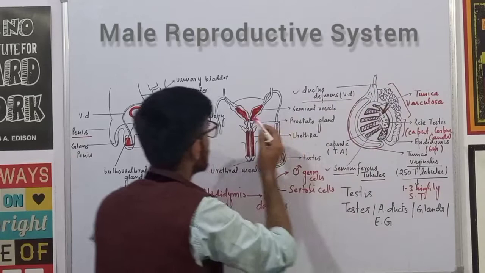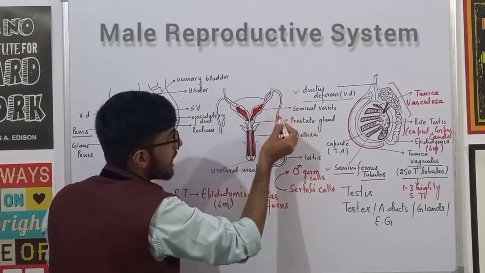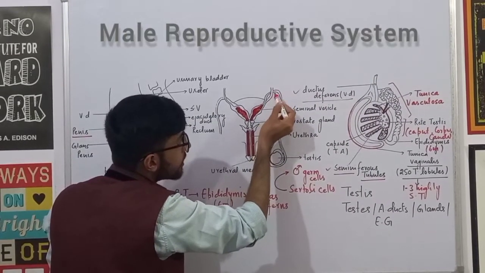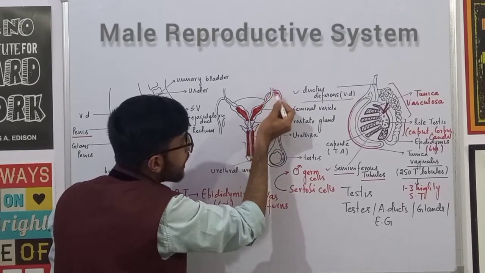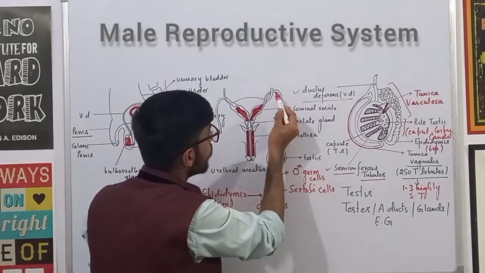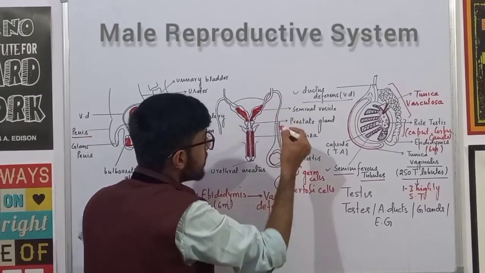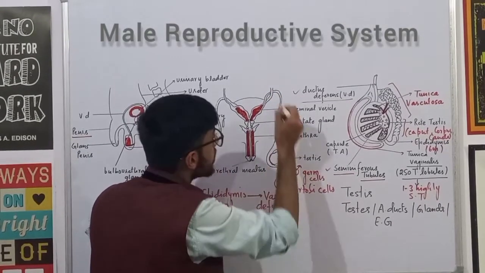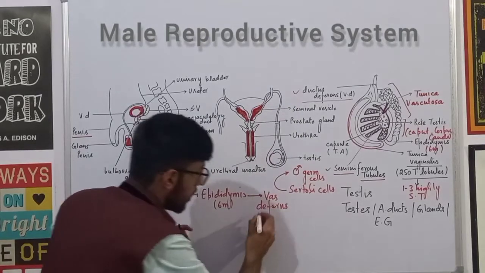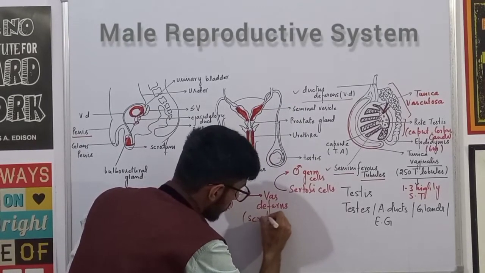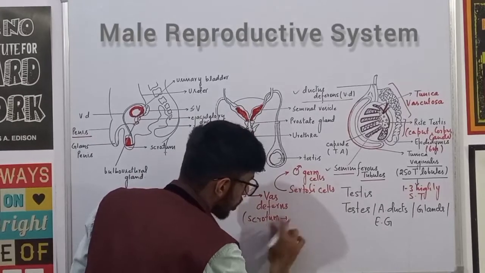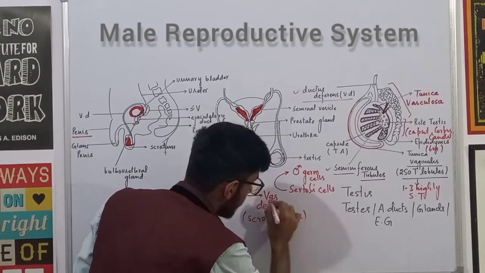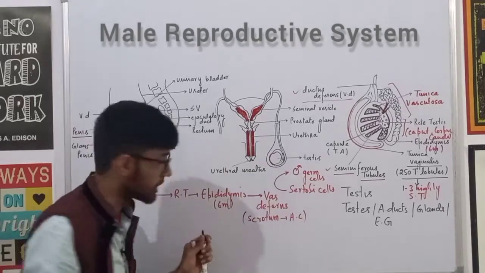This vas deferens loops over the ureter. See in this diagram, it is forming a cross around the ureter, and this takes male germ cells from the scrotum to the abdominal cavity.